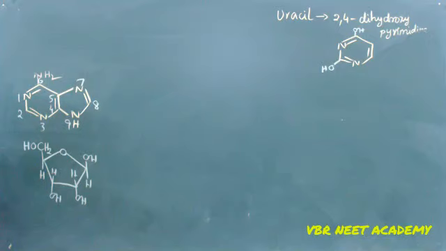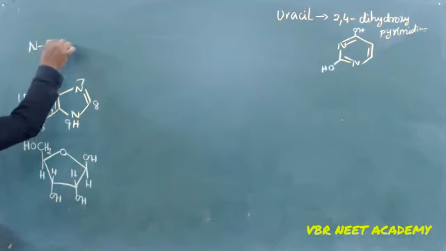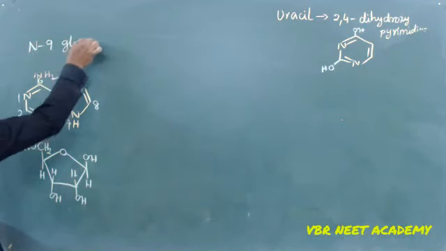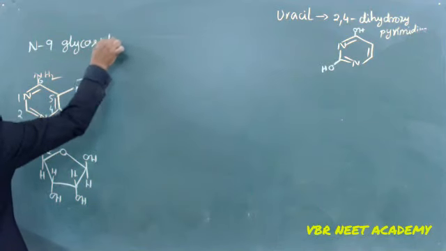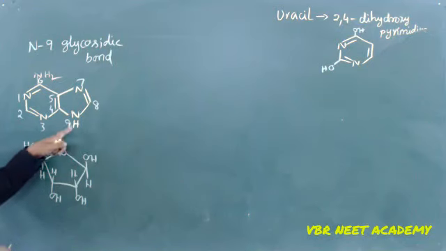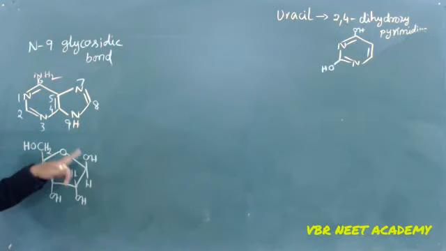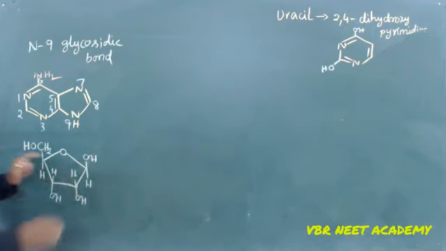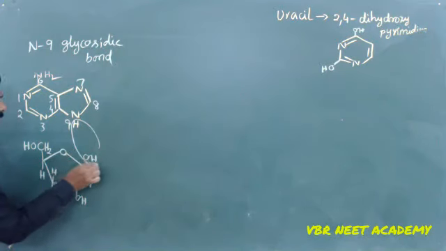This is what I am having now. And here I have to say one more bonding called N1, N9. In the case of purines, we will have N9 glycosidic bond. That is, the 9th position hydrogen is going to form the bond between these two.